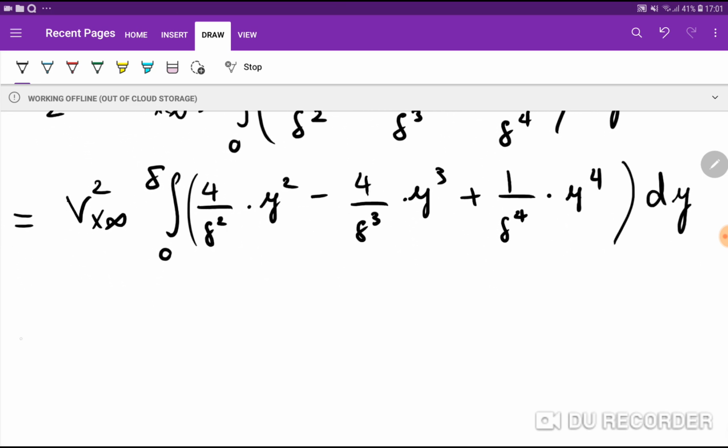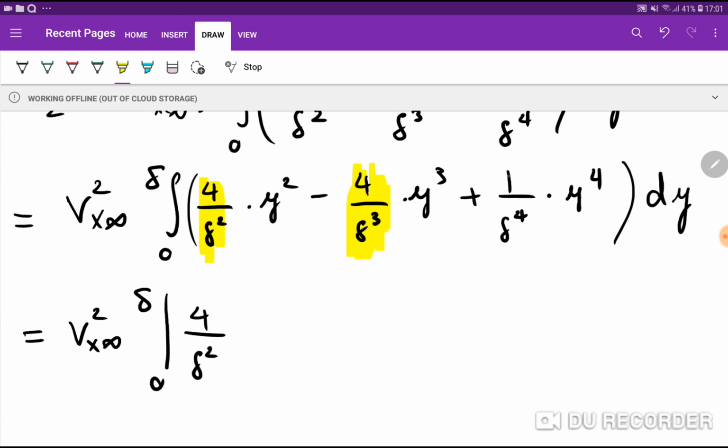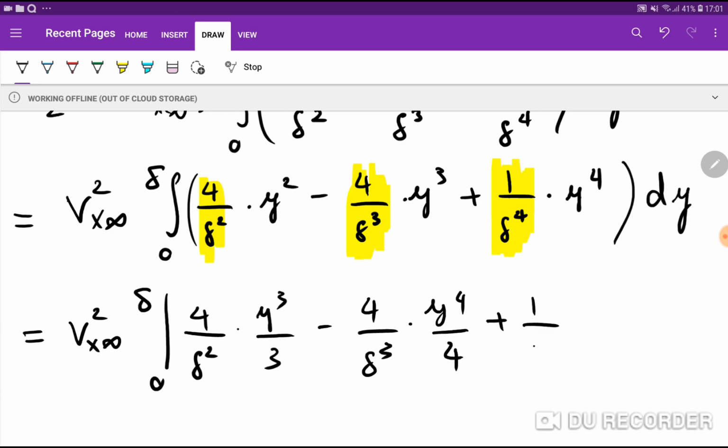And then you can definitely take the integral. So vx infinity squared, 0 to delta, 4 over delta squared. Remember, this term I highlight here is a constant, so you just take the integral of y. This becomes y cubed over 3 minus 4 over delta cubed times y to the fourth over 4 plus 1 over delta to the fourth times y to the fifth over 5.